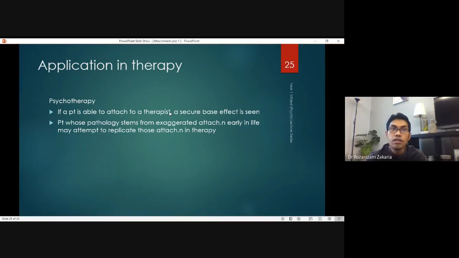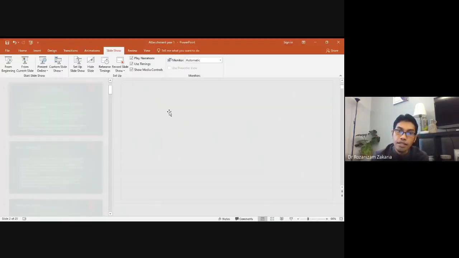What we do is we get one of the workers to develop a secure attachment with the child so that the child will feel comfortable. Whenever you have a problem, you have this person that you can go back to in order to share your problem with. So these are examples of the application of attachment in clinical practice.